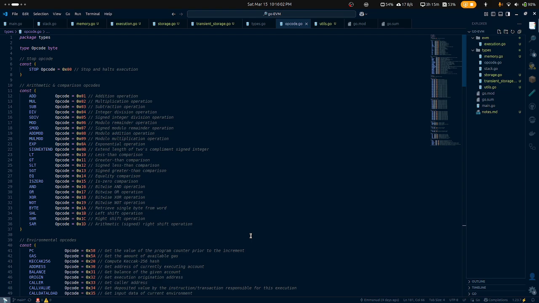First off, we cannot understand what the EVM is if we don't know what a virtual machine is, right? So what is a virtual machine? A virtual machine is kind of like a computer system that is created as a software on a physical computer, and its function is basically to imitate or emulate the functionality of another physical computer.